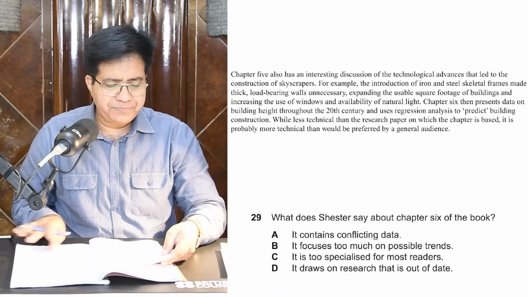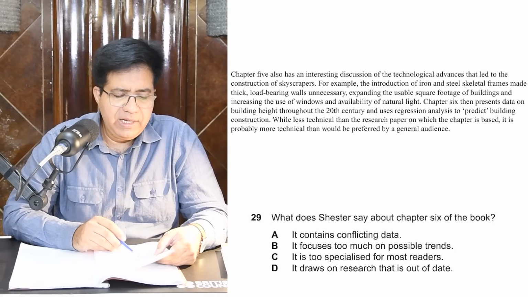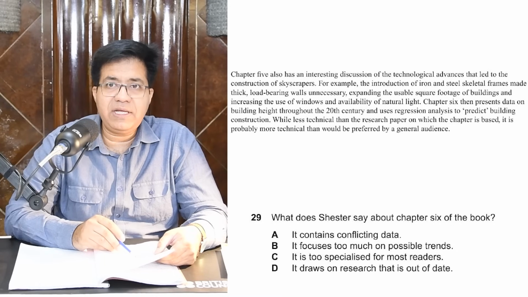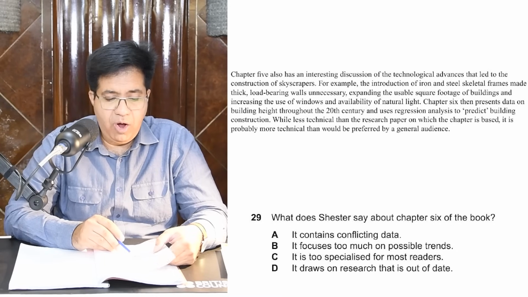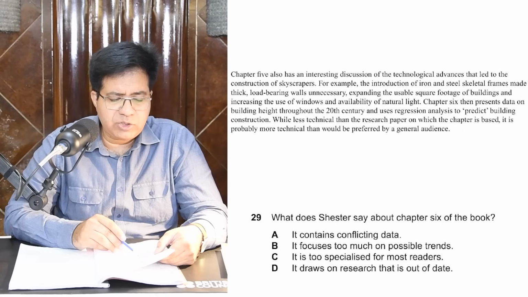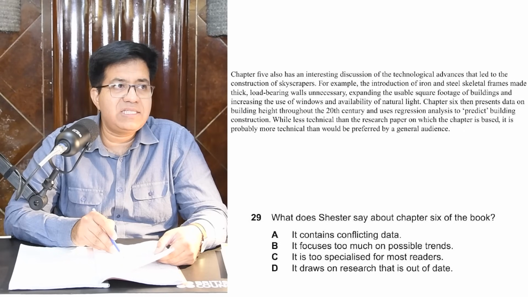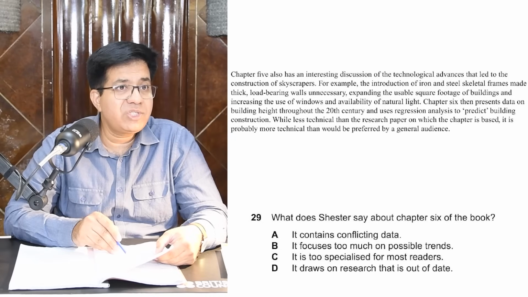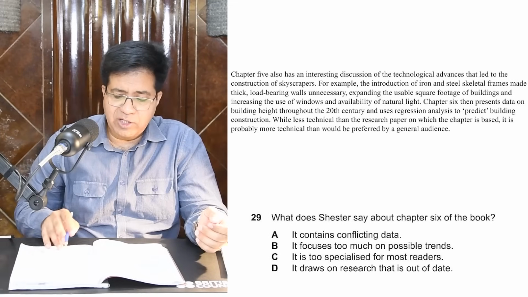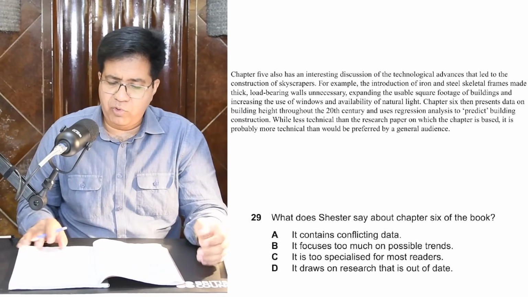Now come back. Option A. It contains conflicting data. Yes or no? No. Option B. It focuses too much on possible trends. No. Option C. It is too specialized for most readers. Now come back. Too specialized for most readers.